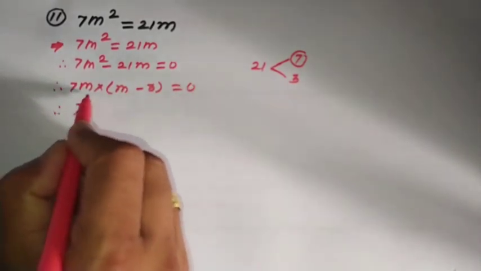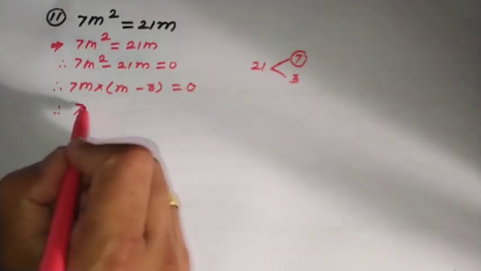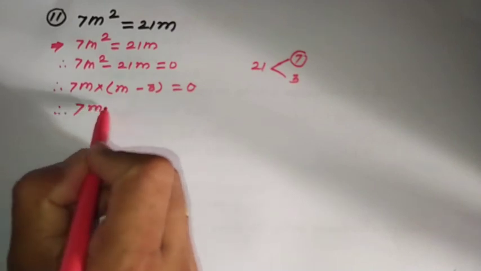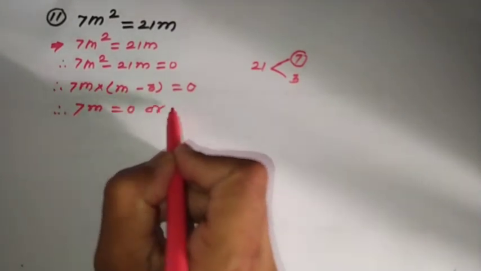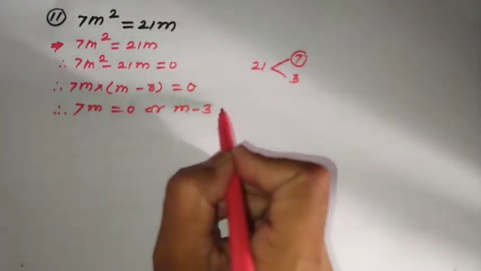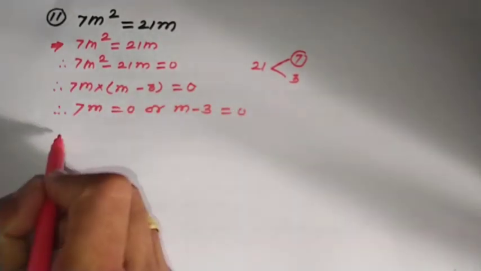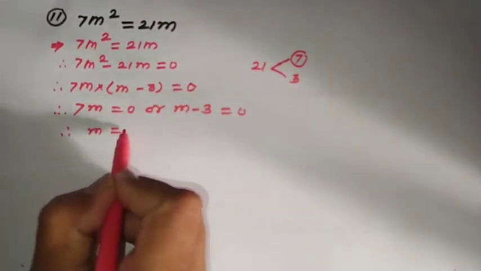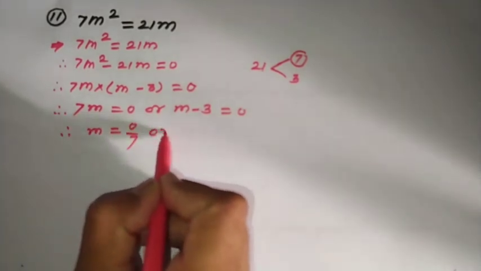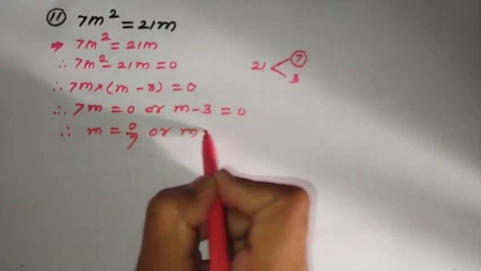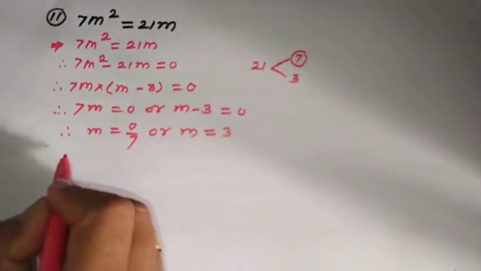Therefore, the multiplication of two terms is 0. Therefore, 7m is equal to 0 or m minus 3 is equal to 0. m is equal to 0 or m is equal to 3.